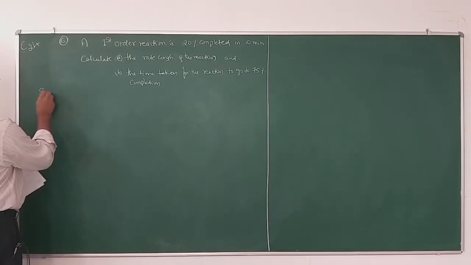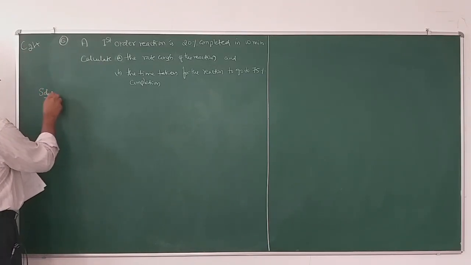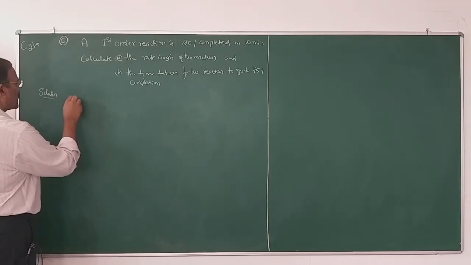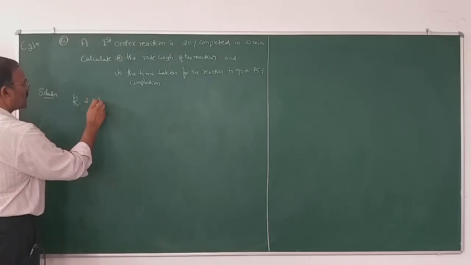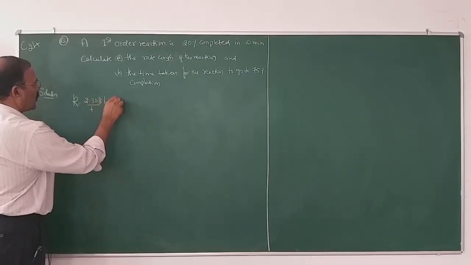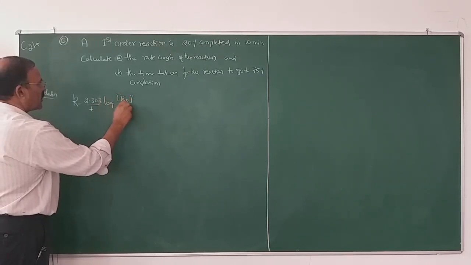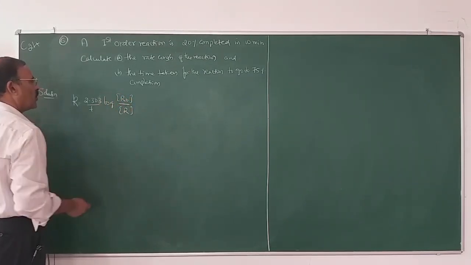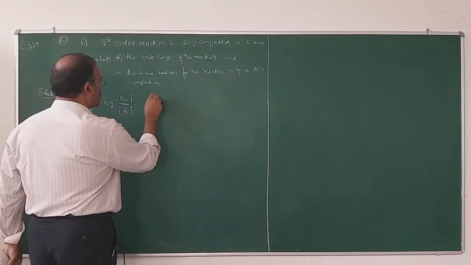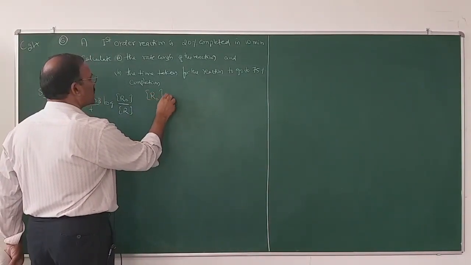So what is the solution? Since it is a first order reaction, what is the expression for rate constant? K equals 2.303 by t log of R naught divided by R, both in square brackets. So here what is R naught? Initial concentration.